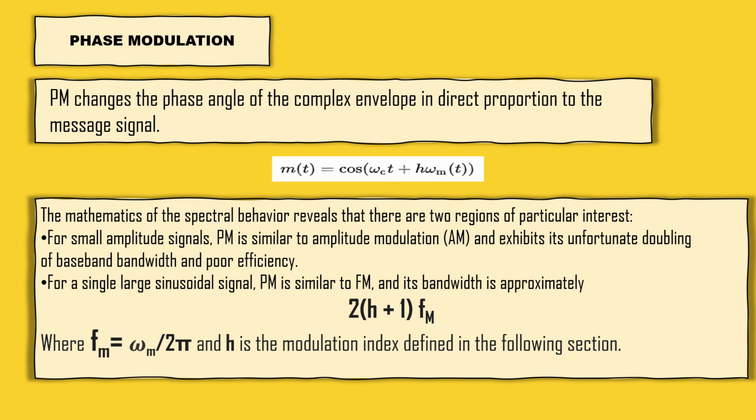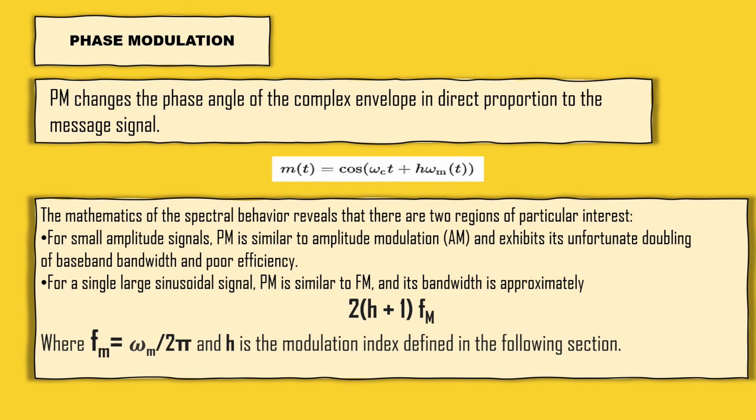So PM changes the phase angle of the complex envelope. So m of t is equal to cosine omega c t plus h times omega m times t.